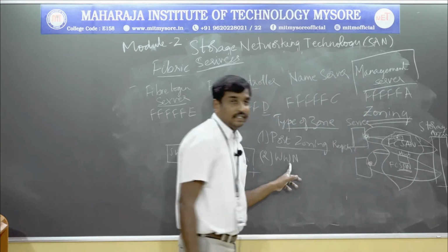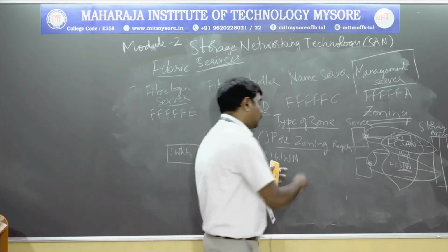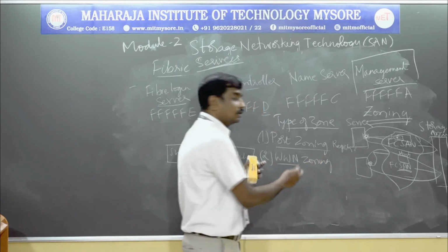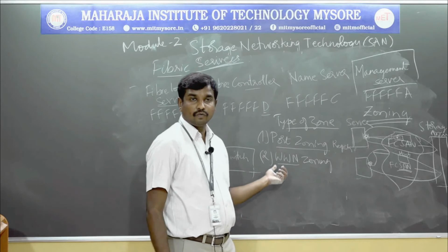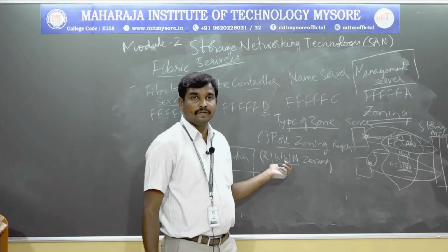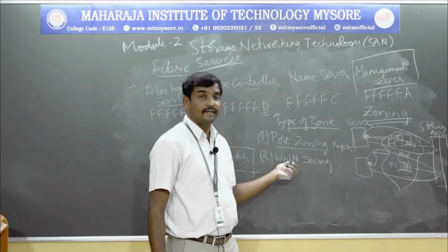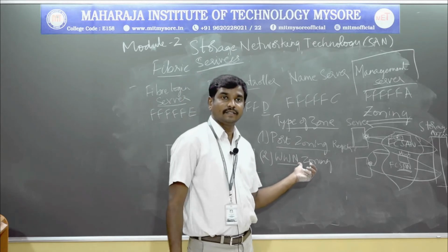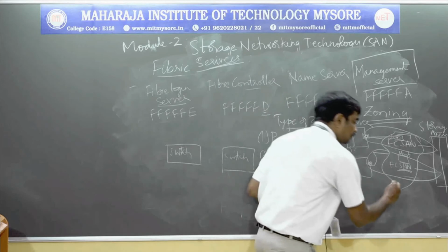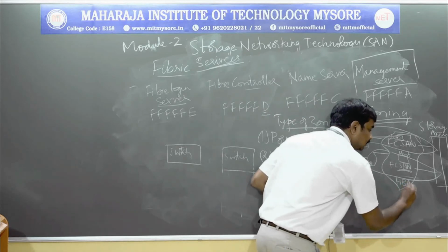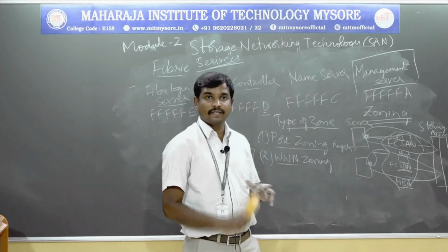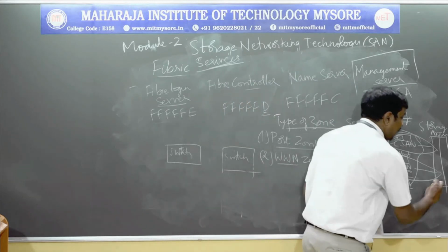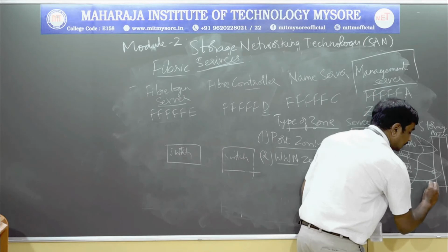So we need to have network level zones, called worldwide name zones. This address is given at the host bus adapters, or else at the target levels.